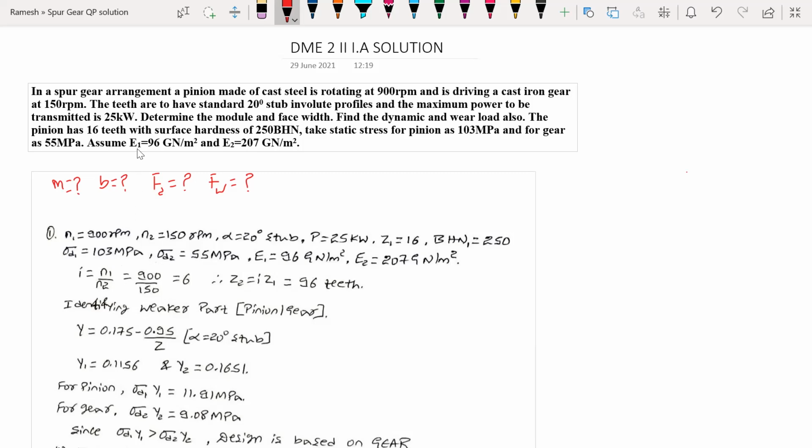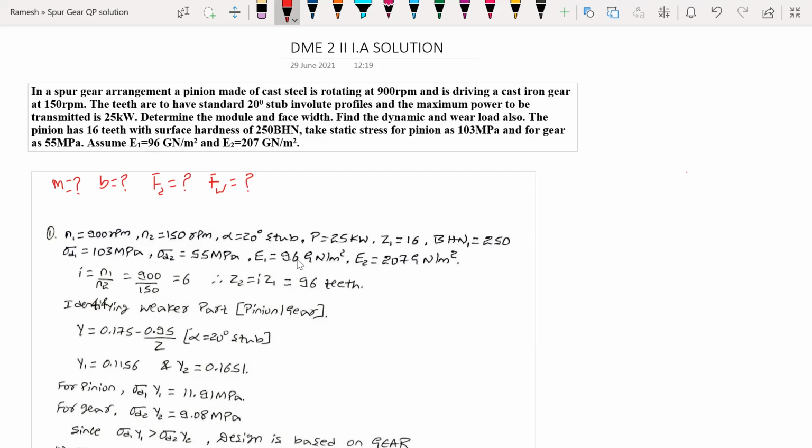Assume E1, Young's modulus. He has given 96 giga Newton per meter square. Newton per meter square is nothing but Pascal. That is, this is the giga Pascal. And when you're going to substitute this in the equation, it should be in Newton per mm square.